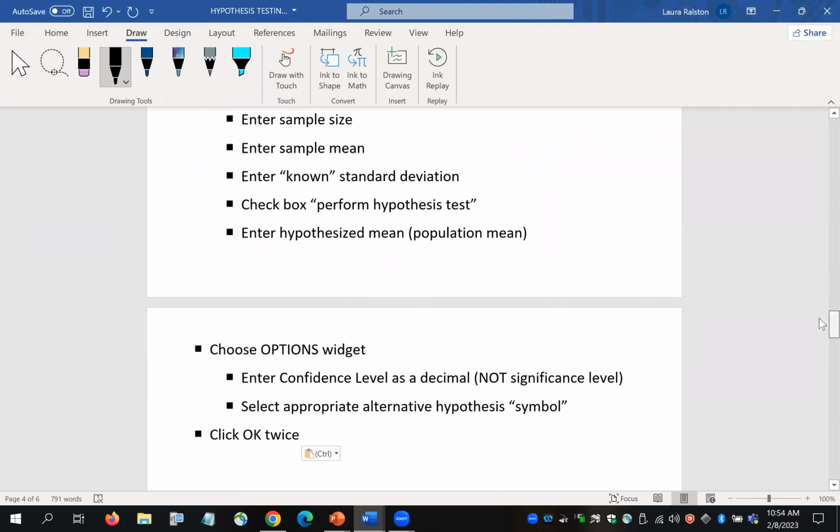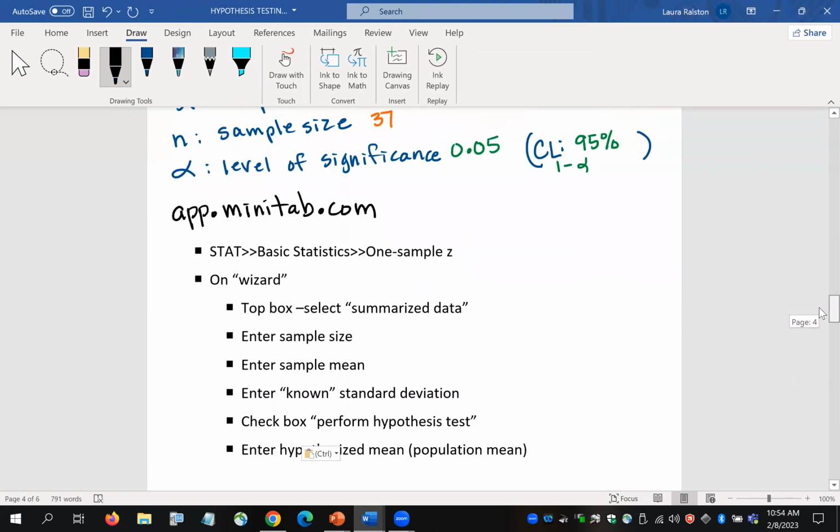You'll see that it's very similar to the confidence interval that we did on Monday. Again, we go Stat, Basic Statistics, and we choose One Sample Z. We have summarized data.